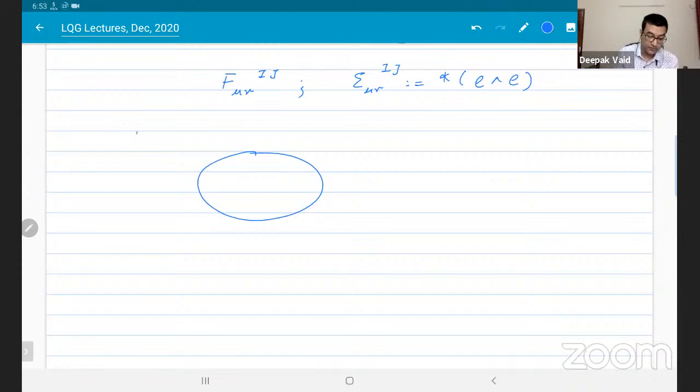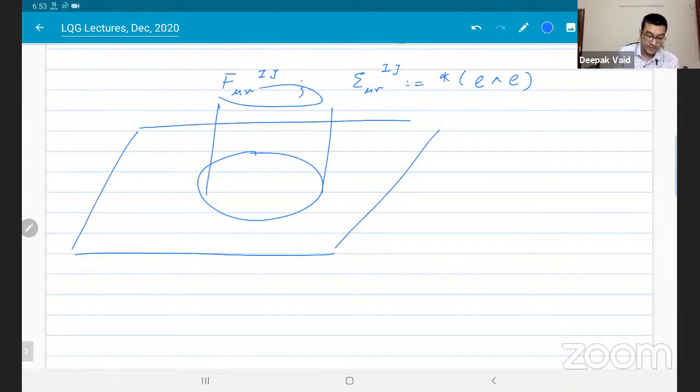Okay, so now what we are doing is this isolated horizon is actually some null surface which is embedded as the inner boundary of a four-dimensional space-time. So we consider three-dimensional foliations of our space-time.